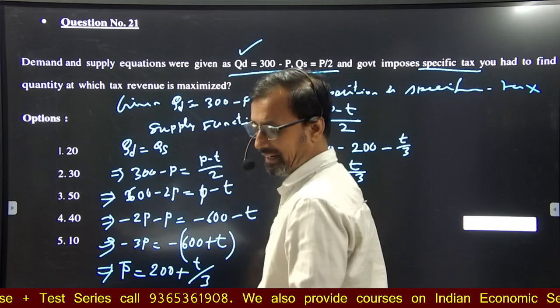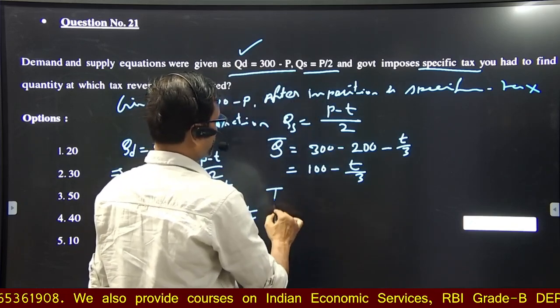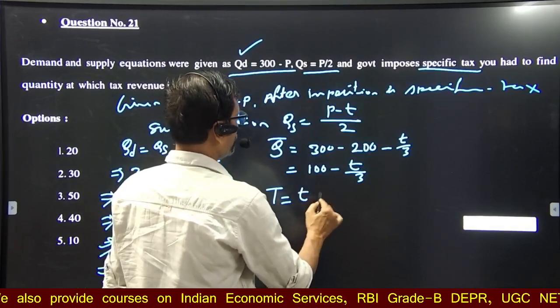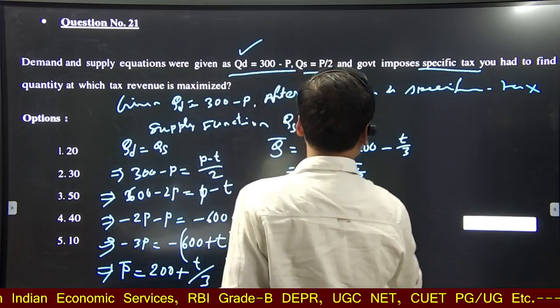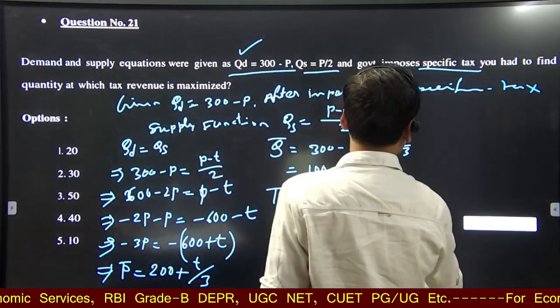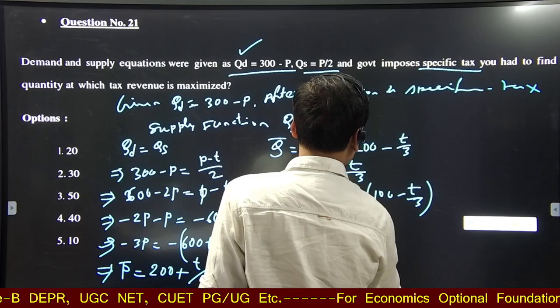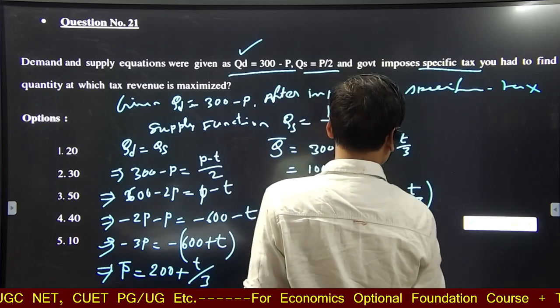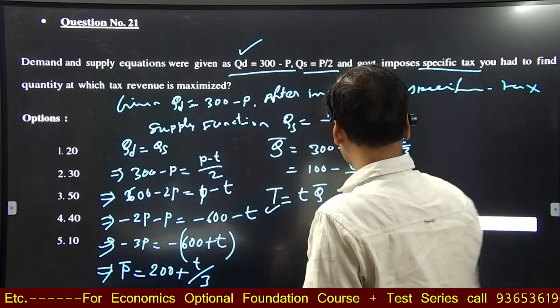Now the total tax amount is T into Q. What is Q? 100 minus T by 3. So this becomes 100T minus T square by 3. This is the total tax revenue.